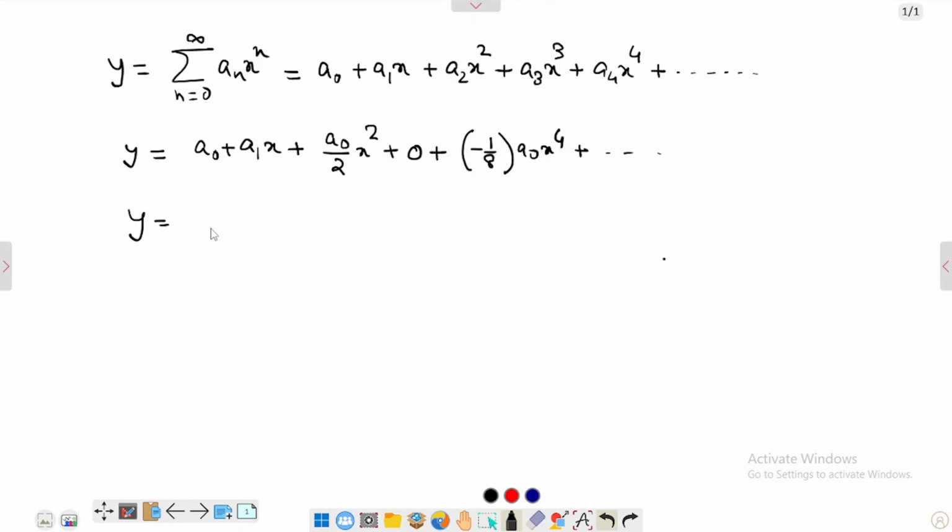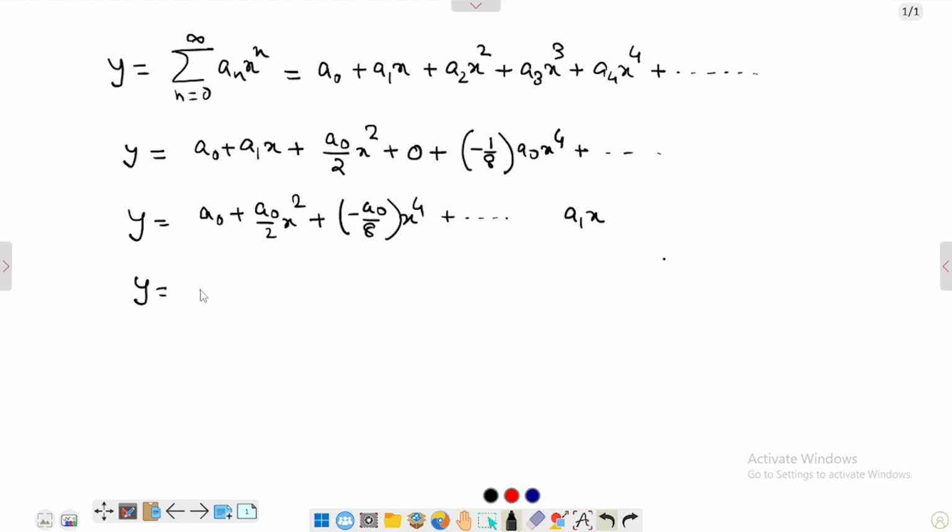So the solution can be written in the form of a0 plus a0/2 x² minus a0/8 x⁴ plus dot dot dot, plus a1 x.